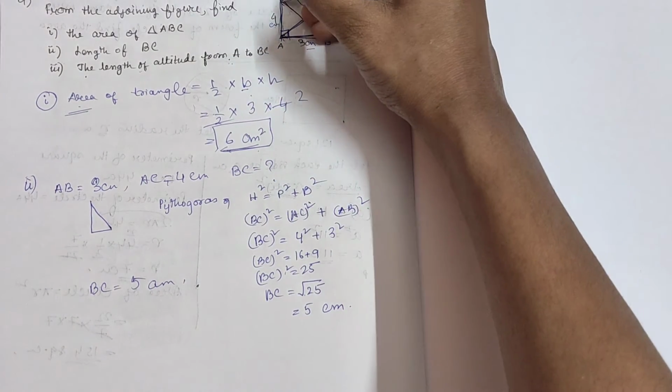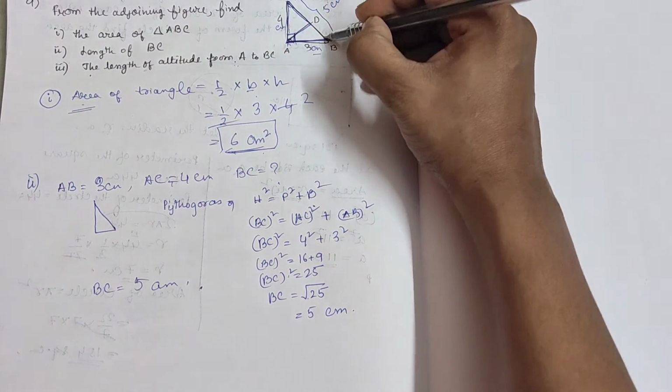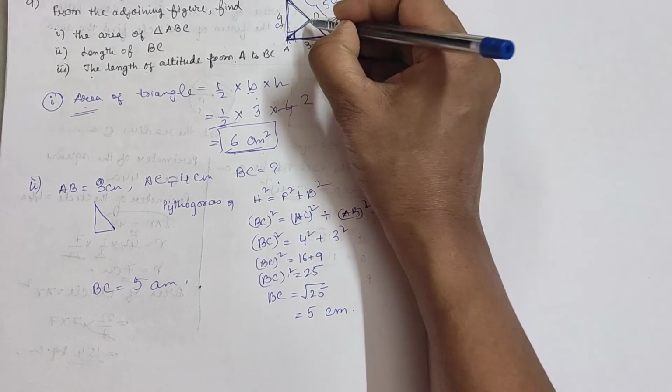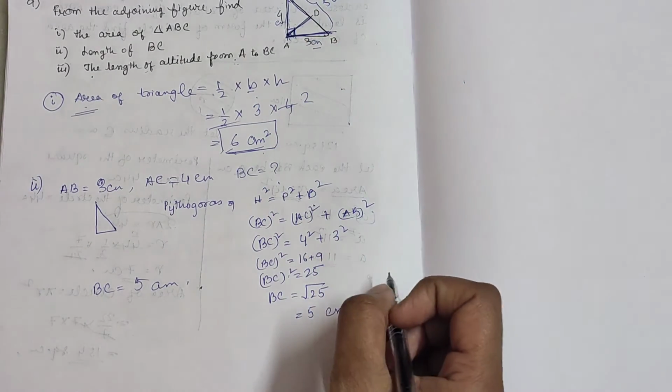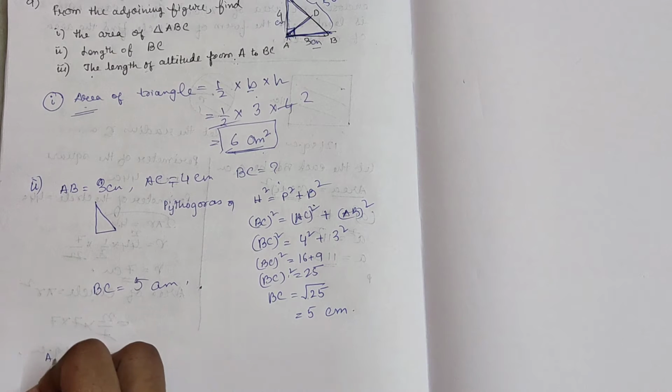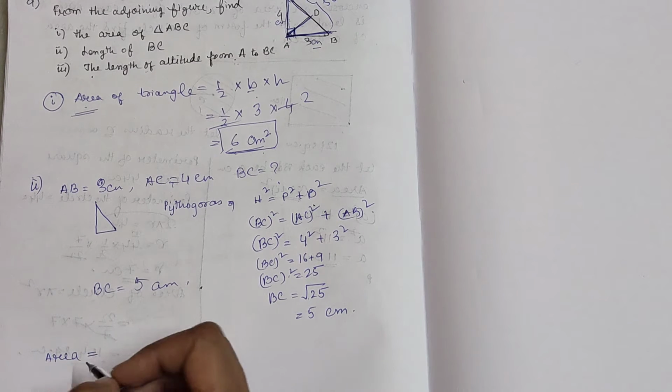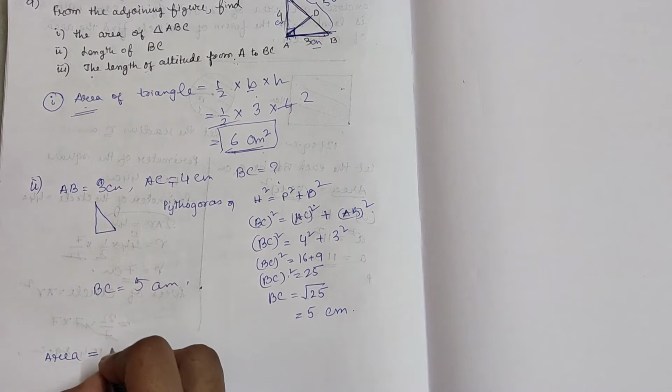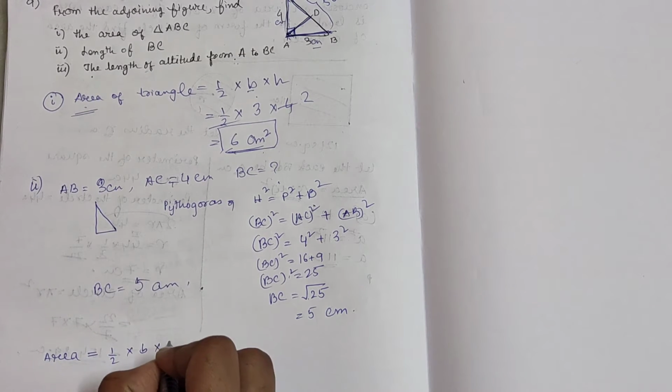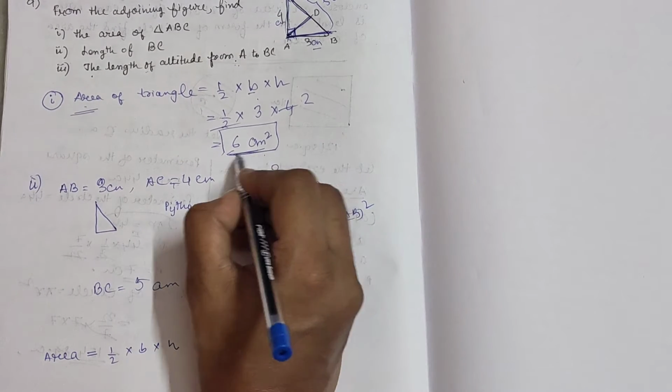If I take this as my base, this is my height, then we have to write that area equal to half into base into height.